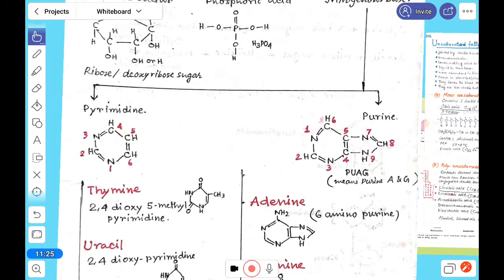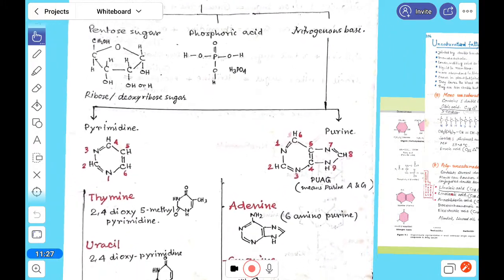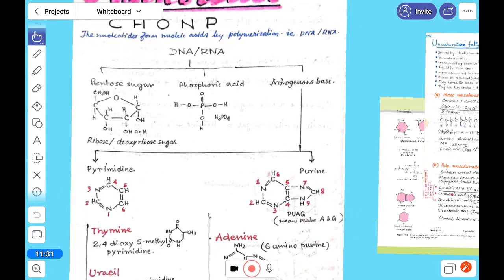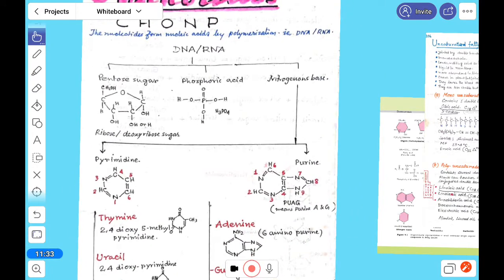You have to keep these in mind. That is the basic part. The other part will be discussed when we do molecular biology. Here it is a very small part, and it is in your book also. So purine and pyrimidine.